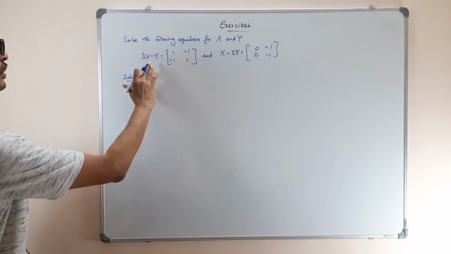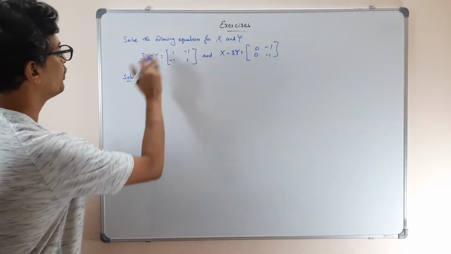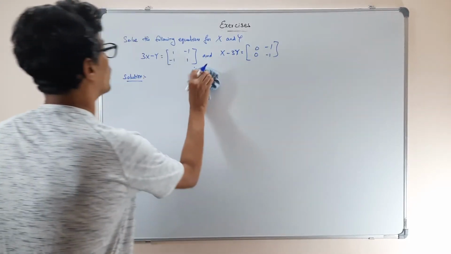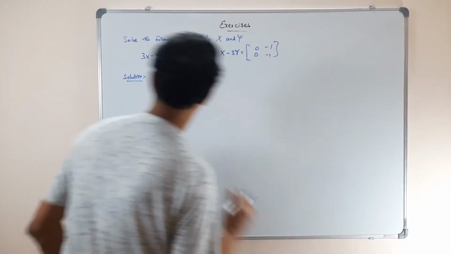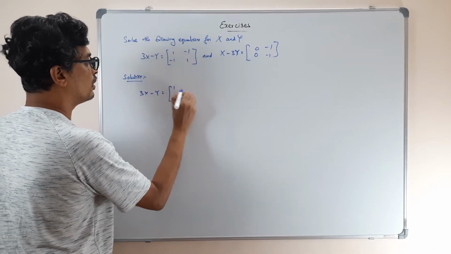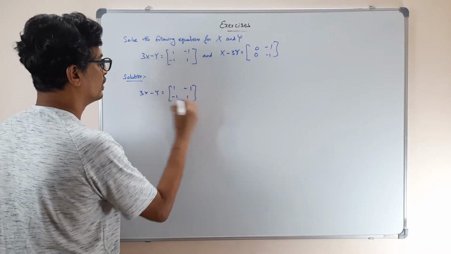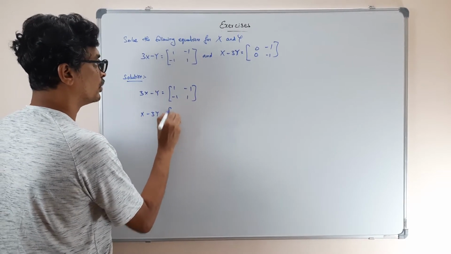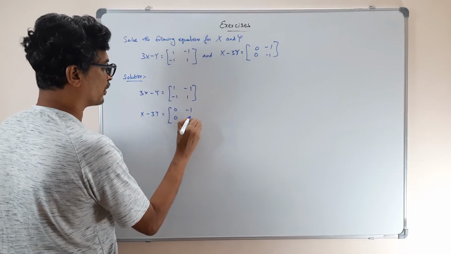Let me write it down. 3x minus y equals [1, -1; -1, 1] and x minus 3y equals [0, -1; 0, -1].